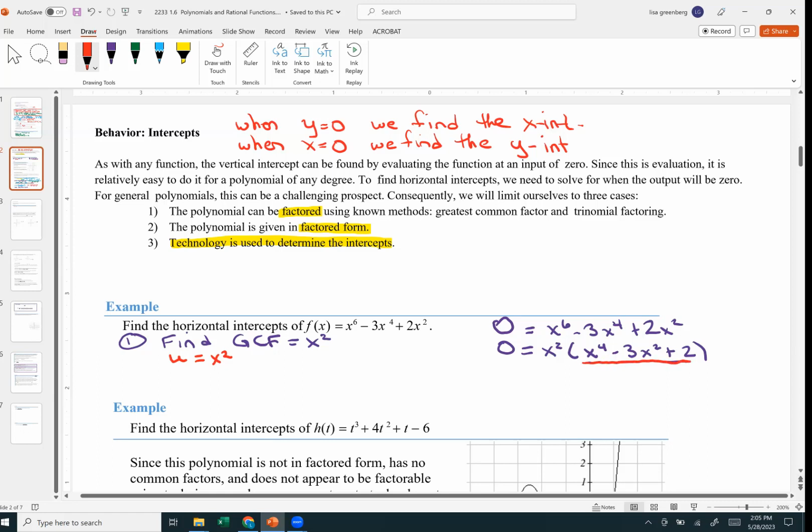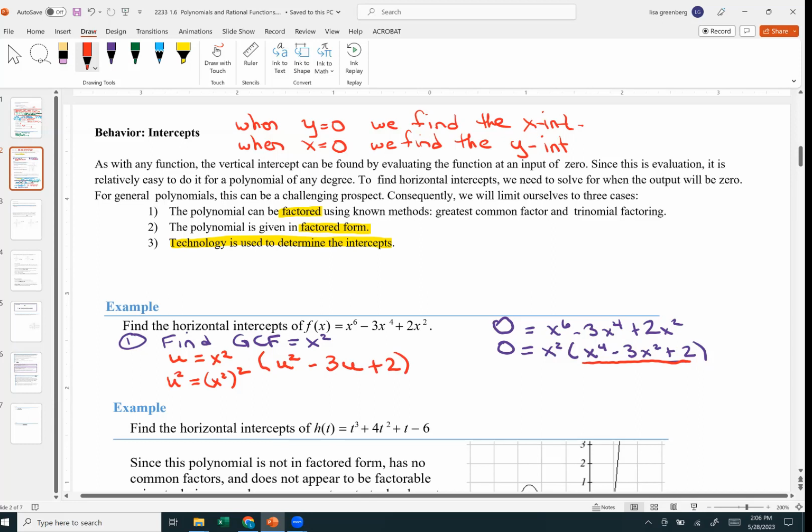And I can say that means that this is u squared, because u squared is equal to x squared squared, which is x to the fourth, minus 3u plus 2.